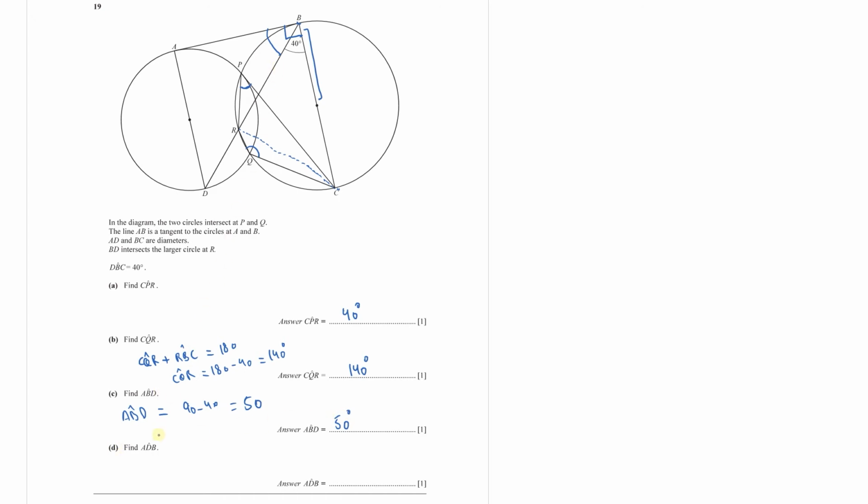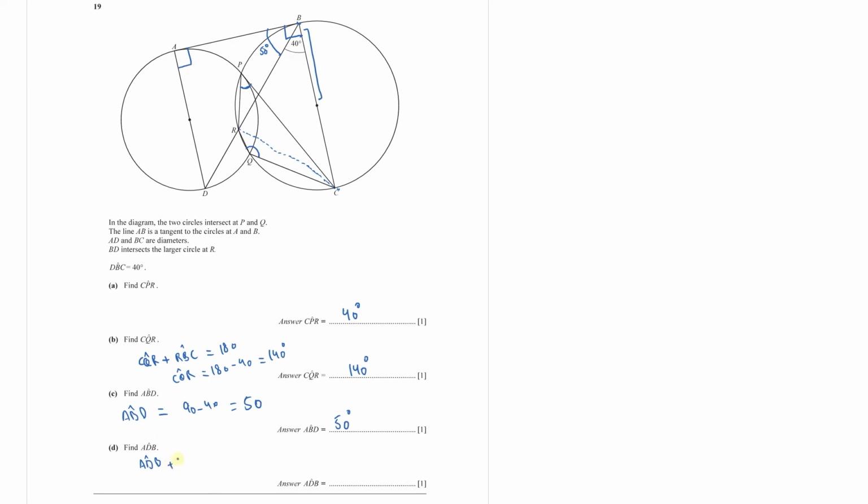Next part is find angle ADB. Again, this is the angle between a radius and tangent, so this is 90. And we found this angle in the previous part, 50 degrees. If you look at the triangle ADB, we can compute the angle ADB because we know the other two angles of the triangle.